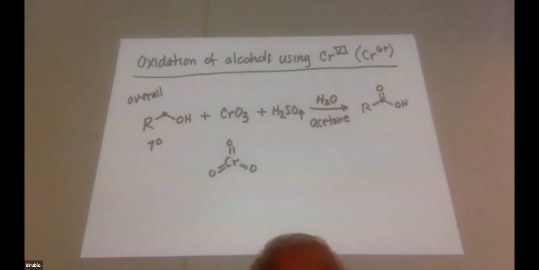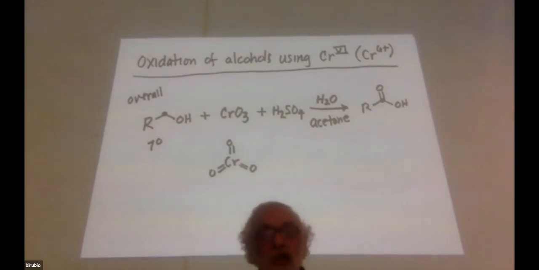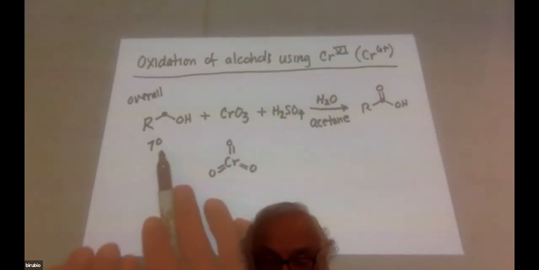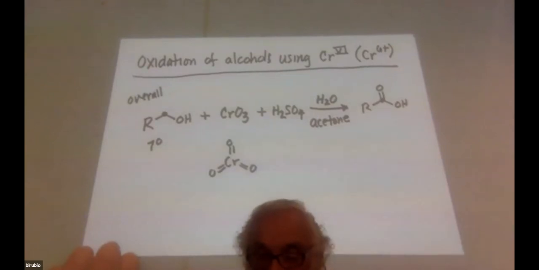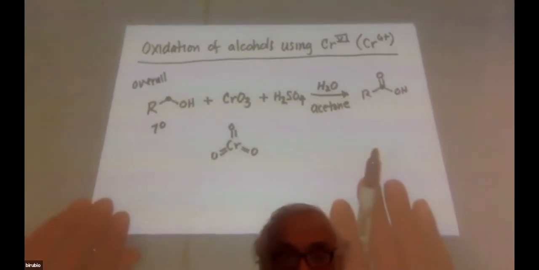That carbon with the dot went from having 2 bonds to hydrogen to 0 bonds to hydrogen. And remember, that's one of our hallmarks of oxidation and reduction, counting the change in the number of bonds to oxygen or hydrogen. So this alcohol gets oxidized to the carboxylic acid if it's primary.